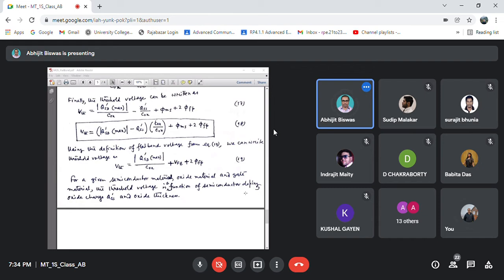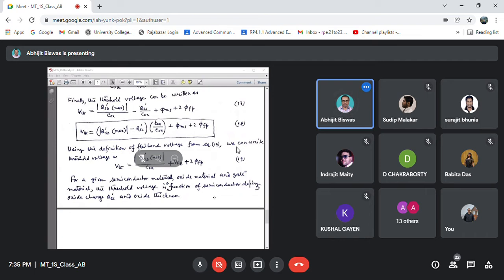No, no, no. Cox is a complex thing. Means it depends on the geometry as well as material parameters. Material parameters means it depends on the metal semiconductor work function difference, isn't it? It depends on the NA.